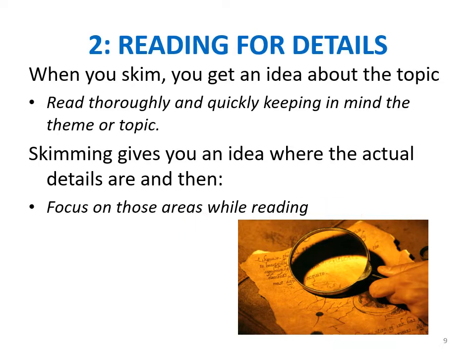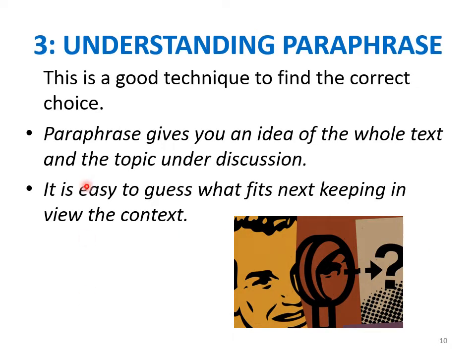That's very important. Next, understanding paraphrase. This is a good technique to find the correct choice when you understand the paraphrase. Paraphrase gives you an idea of the whole text and the topic under discussion. Very simple. It is easy to guess what fits next, keeping in view the context. So paraphrasing is simply the story mentioned in a simple and straightforward way.